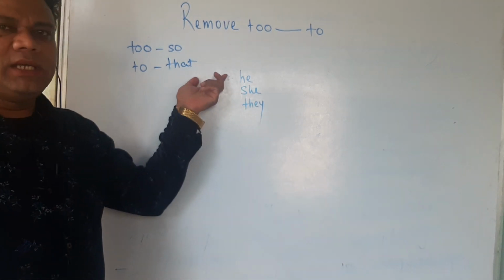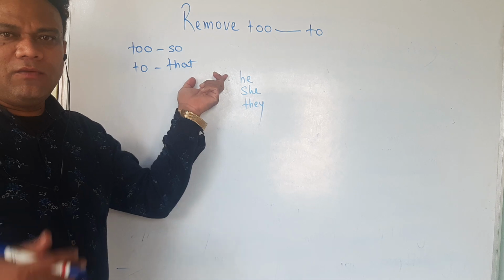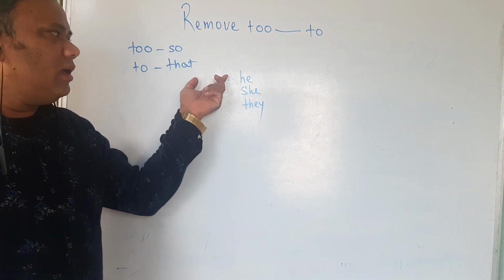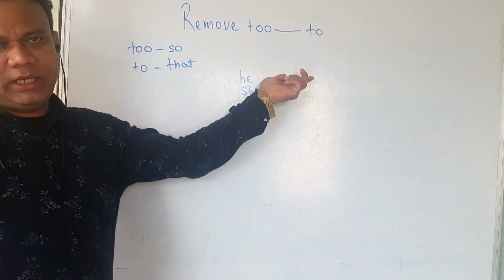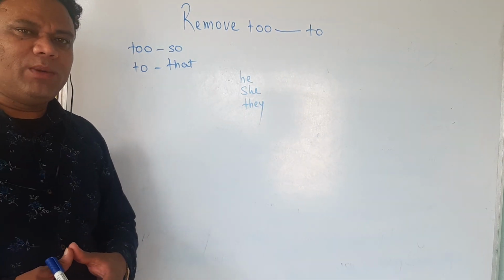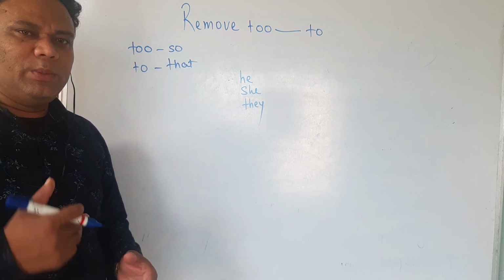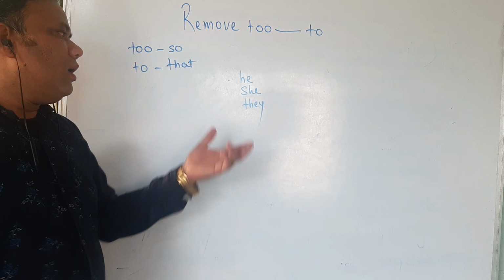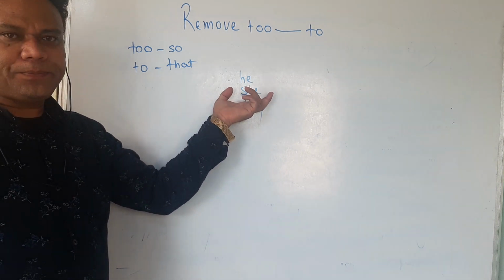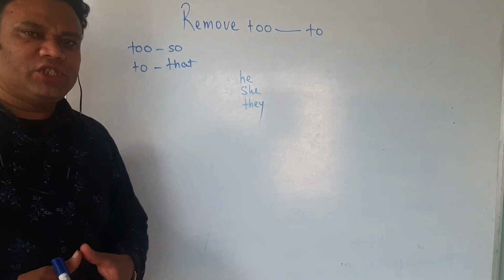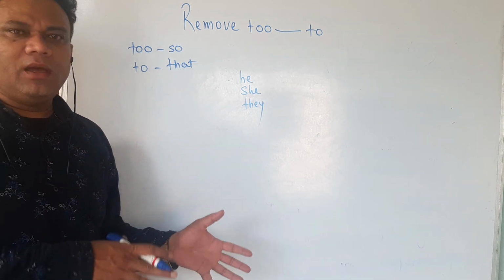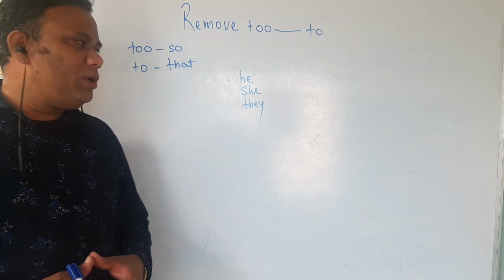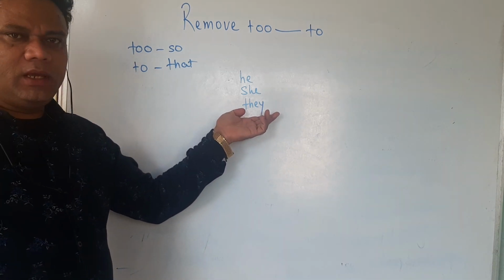If the subject is the name of a male person, for example, Sanjay, Rahul, Vijay, then we have to use he. If the subject is the name of a female person, Priya, Seema, Sanjana, then we have to use she. If a plural subject is there, whether it is living or non-living, it doesn't matter, then we have to use they.